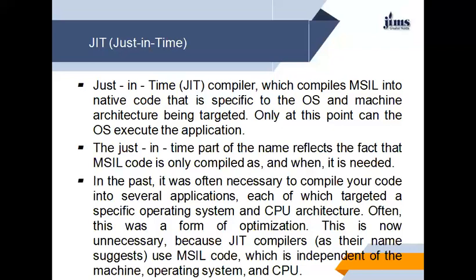This MSIL code is independent of the machine, operating system, and CPU. It is independent from these three things. So this optimization is not necessary in this case, because the code is converted into a middle-level form, MSIL.